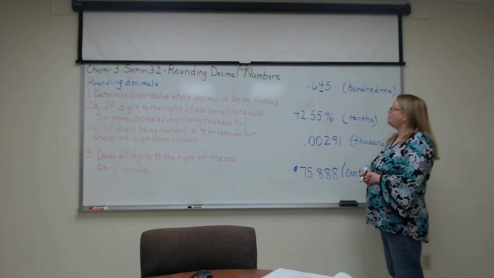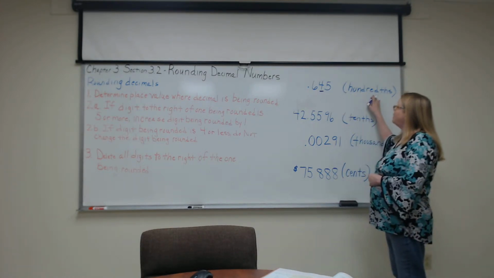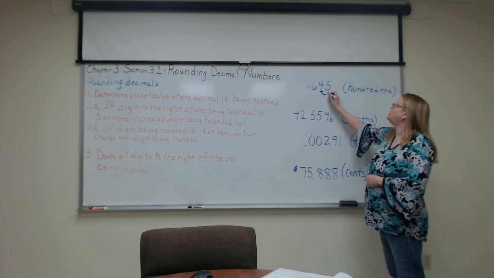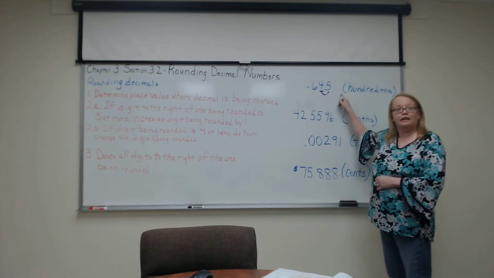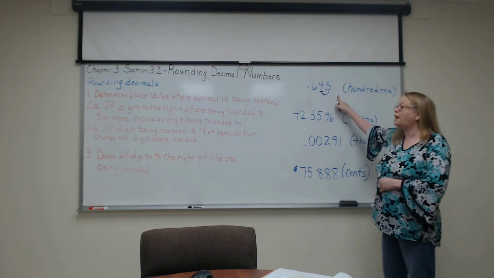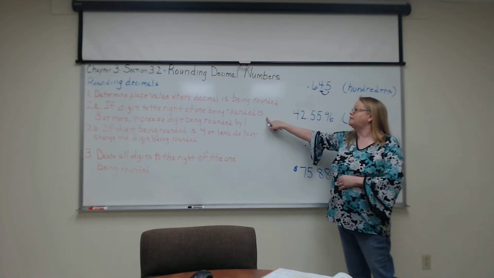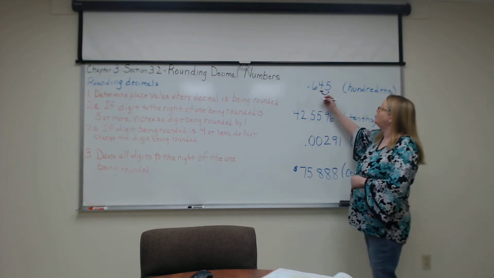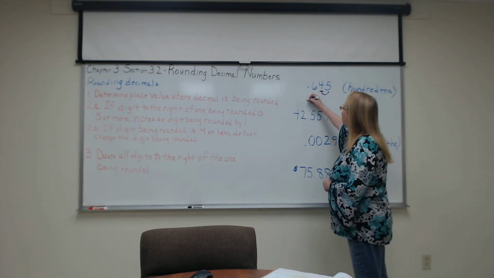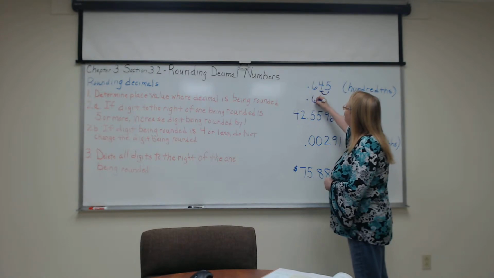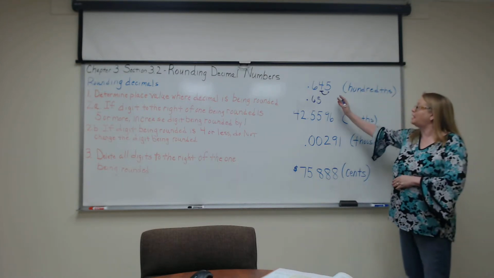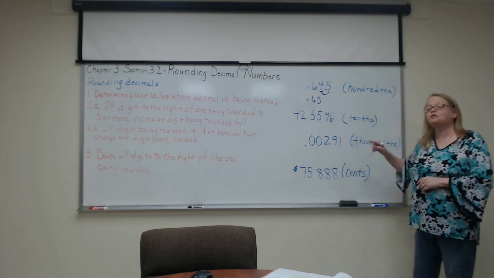Once we know that we're rounding to the hundredths, we look at the digit that falls next to it. In this case, the digit is a 5, and since it's a 5, we're going to increase this number by 1. So it actually rounds to 65 hundredths. Everything else drops off. Let's look at our next example.